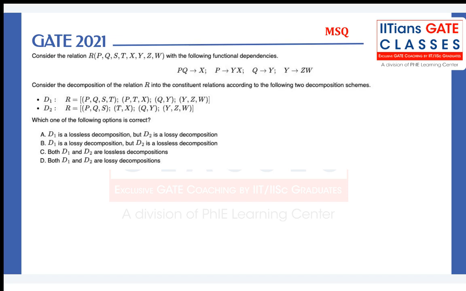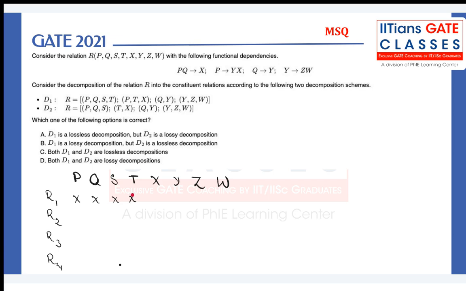The first step is always to write the attributes: P, Q, S, T, X, Y, Z, W. Then D1 is decomposed into R1, R2, R3, R4. For R1, you will mark P, Q, S, T. I'm doing this a bit quickly because I think you got it by now, how to set up the table.